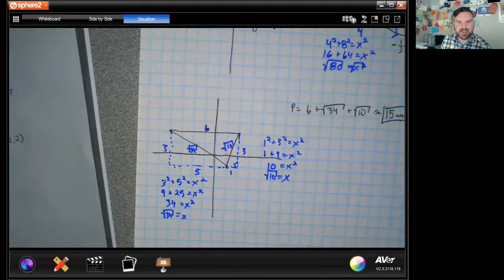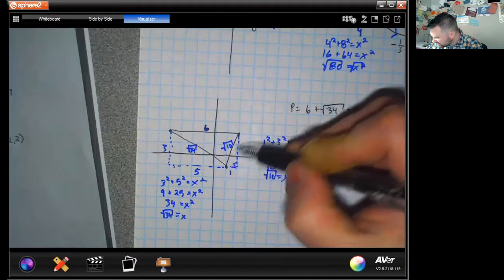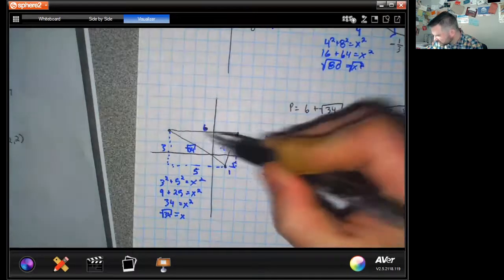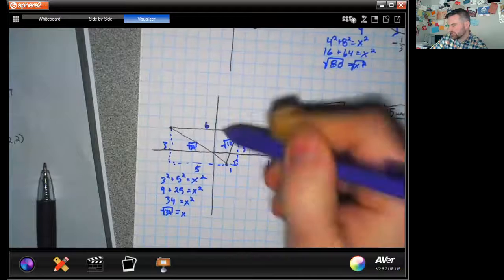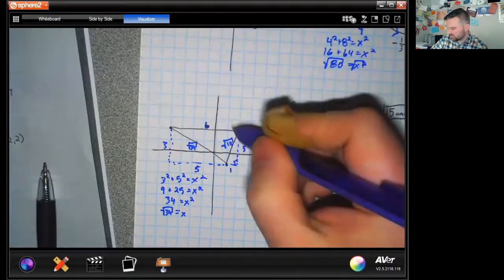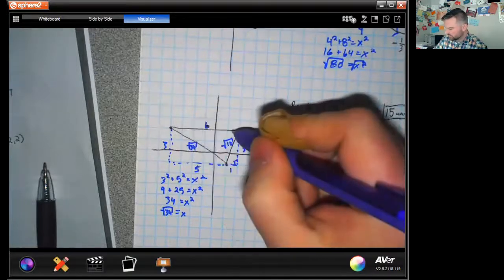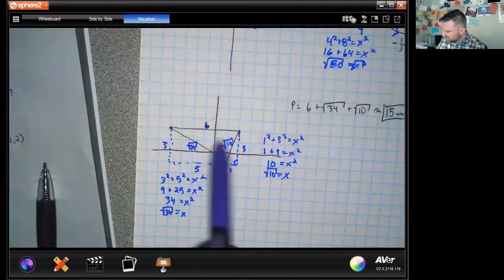Okay, so now we need to find the area. The slope of this one is 0. Remember, I need the base times the height, and the height has to be perpendicular to the base, or 90 degrees.